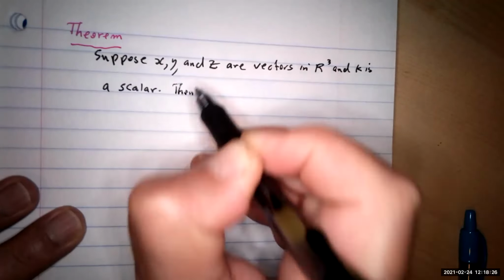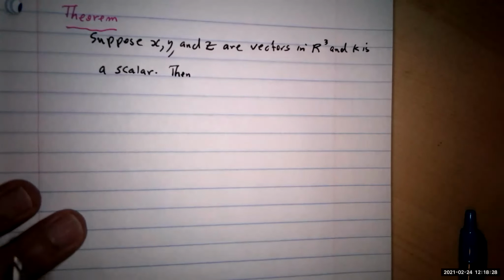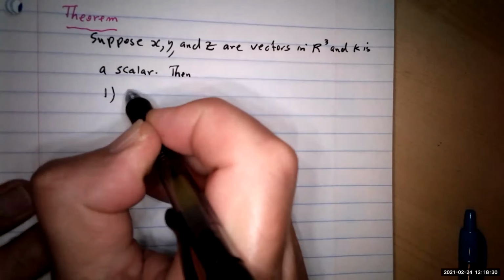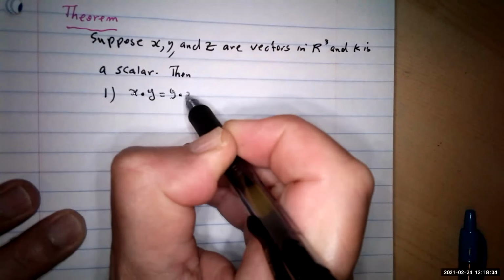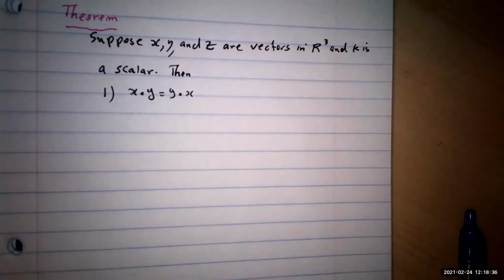Then the first property is that this scalar multiplication is commutative. x dot y is equal to y dot x. Because you see, the way we multiply, we just multiply the numbers together. We multiply those components, coefficients, coordinates together, they are numbers. So it's commutative.